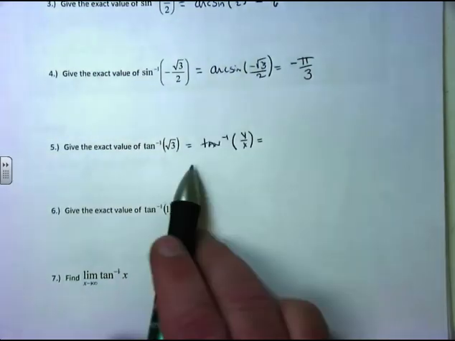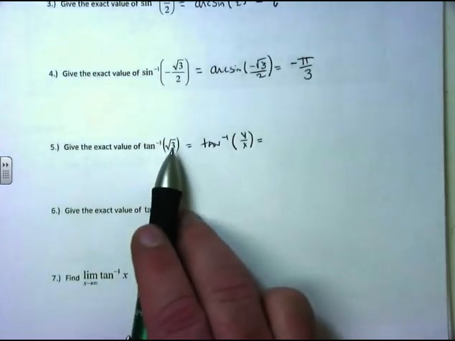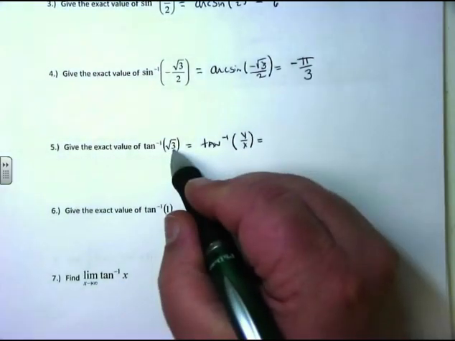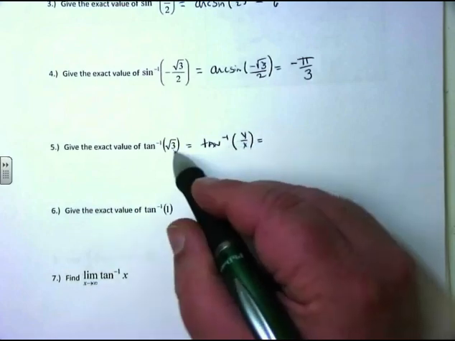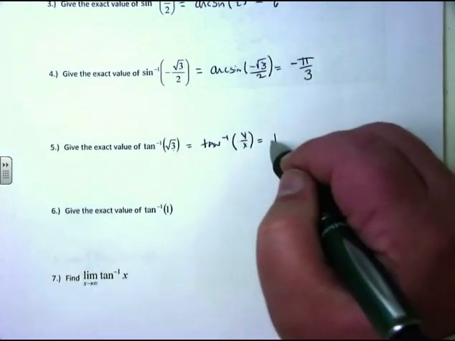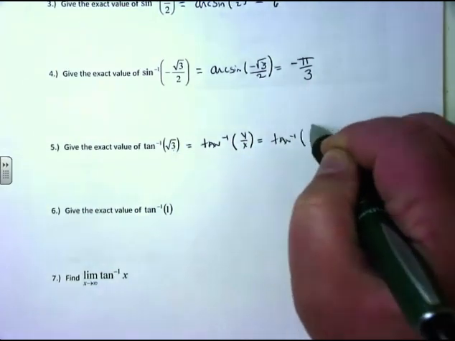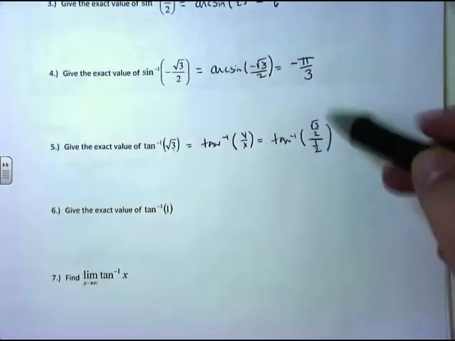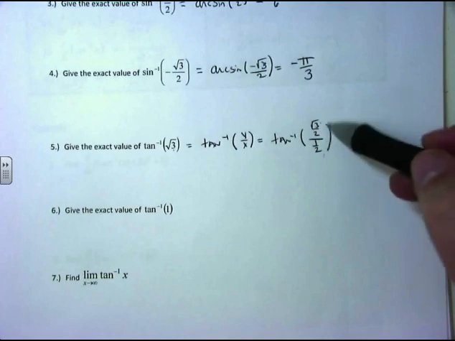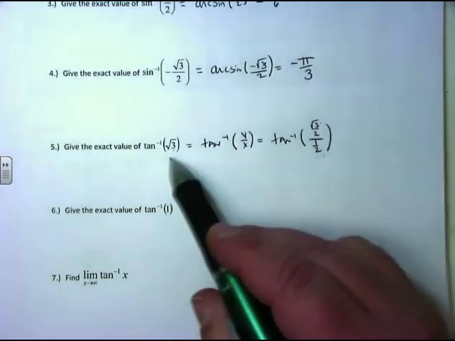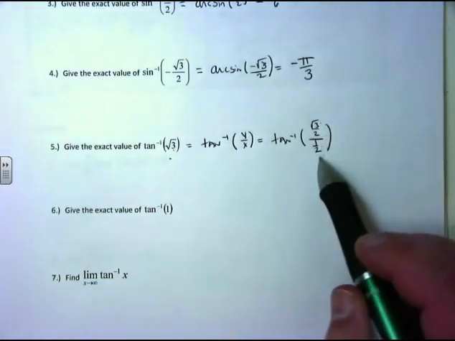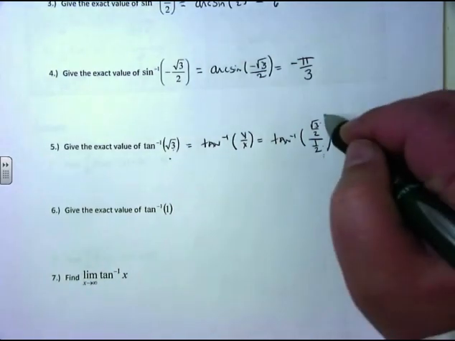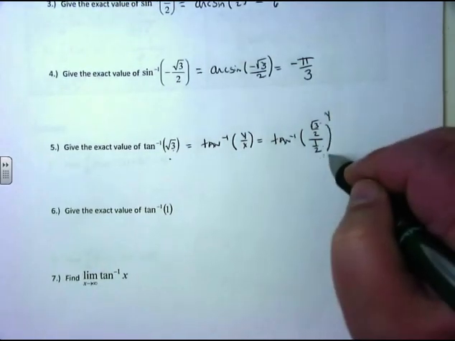The only thing that has a square root of 3 in it is that square root of 3/2 stuff. So if I want to write this in terms of square root of 3/2s and 1/2, you will notice that it's the same thing as the tangent inverse of the square root of 3/2 divided by 1/2. Because when I have a fraction, I invert and multiply, and notice the 2's cancel, so this and this are the same thing. But this helps me out a little bit better because this is the y-coordinate over the x-coordinate.